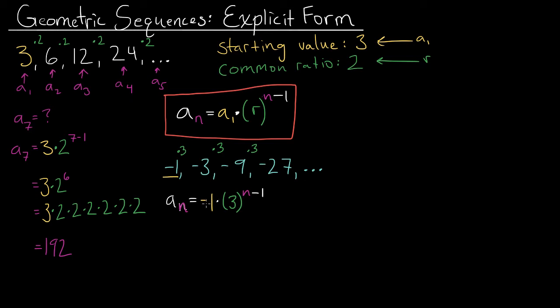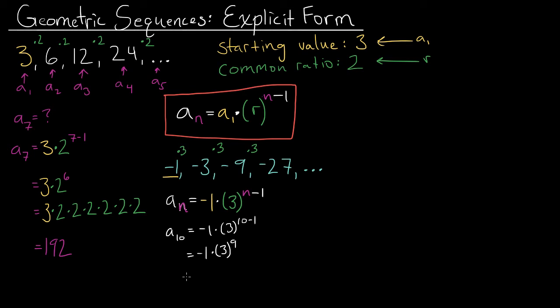So if I wanted to find out, for example, what the 10th term in the sequence was, that would be a sub 10, then all I need to do is replace n in my formula here with 10 and then simplify. So I have -1 times 3 to the 10 subtract 1, and that is equal to -1 times 3 to the 9th power.